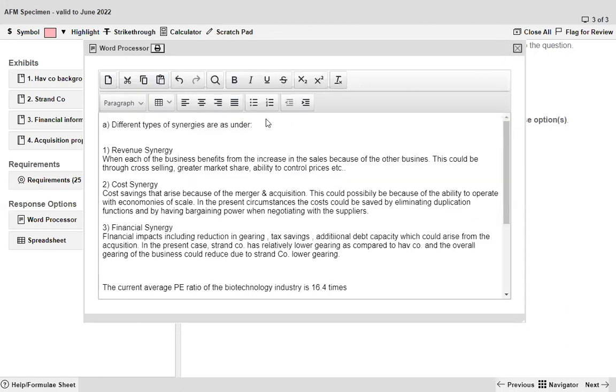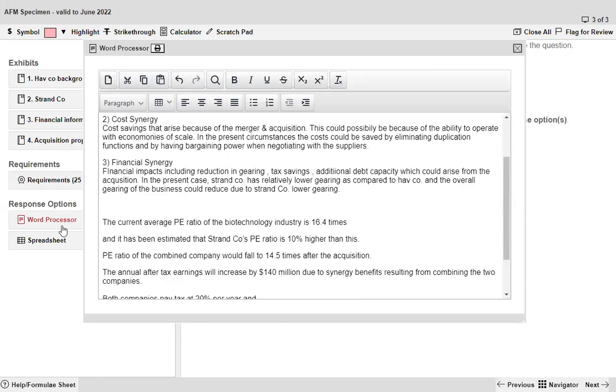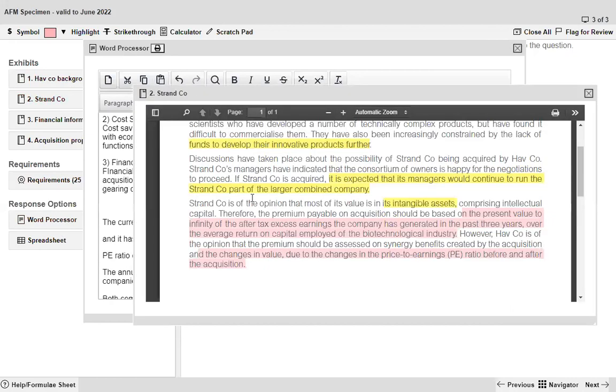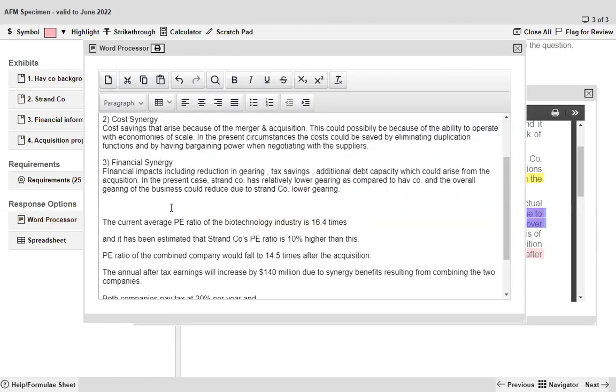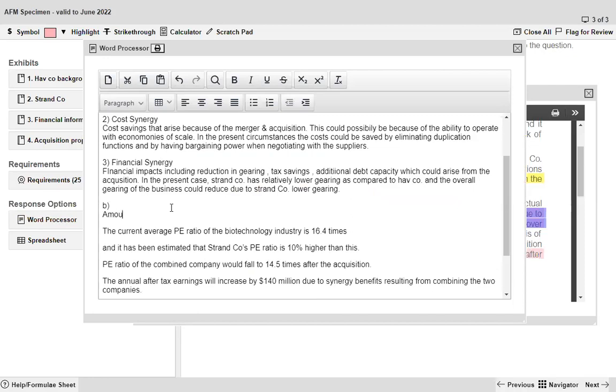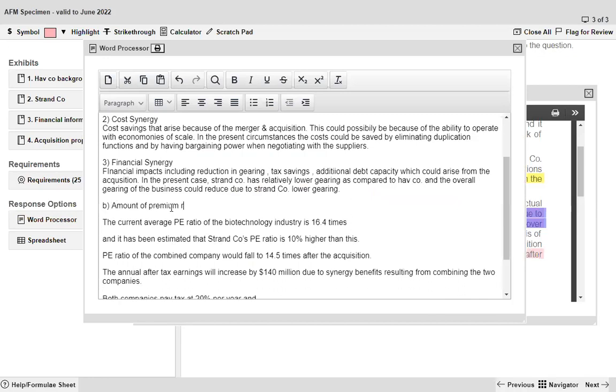Now, let's just try to see what could be the different premium that would be payable. So case number one is that the amount of premium required to be paid shall be determined as under.